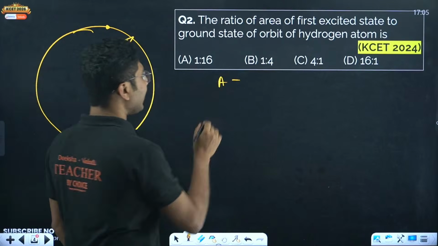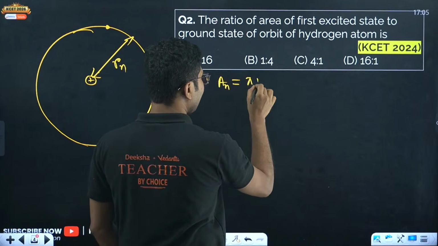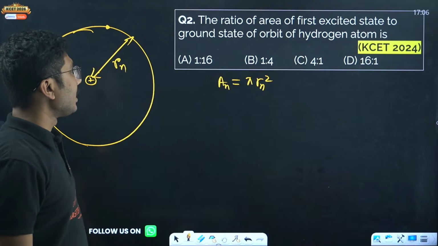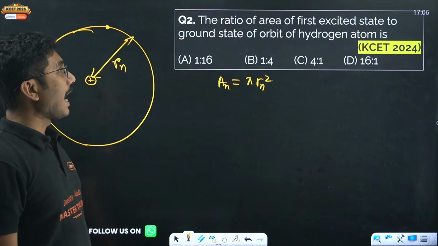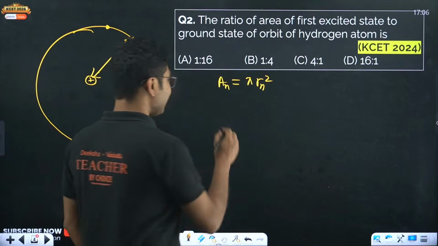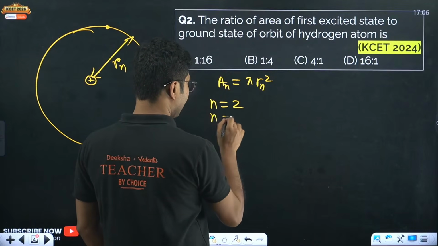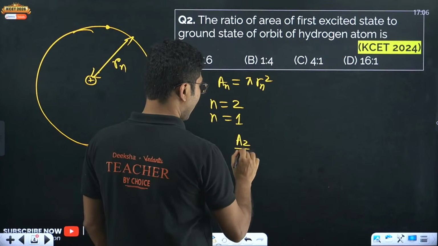So what will be the area of the nth orbit? Area of the nth orbit will be pi Rn square. Very simple. Now it says ground state of the orbit and first excited state. First excited state means n equals 2 and ground state means n equals 1. So A2 by A1 we have to find.